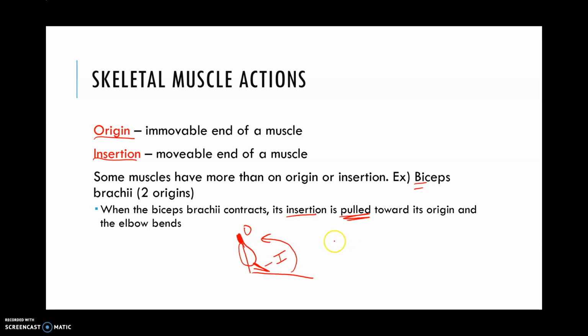And it's going to result in that shortening of that muscle. We're going to see it shorten and still see those origins and insertions here. But those are the movements that you're going to observe for this. So wherever that insertion is, where it's going to pull on that muscle, is the direction that we're going to see it moving in.